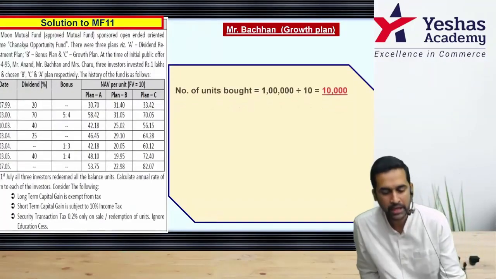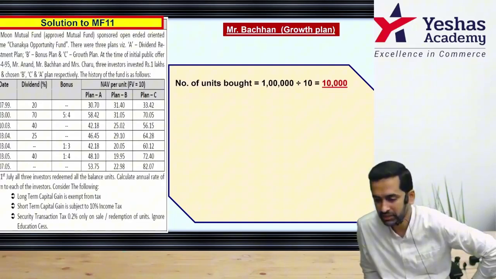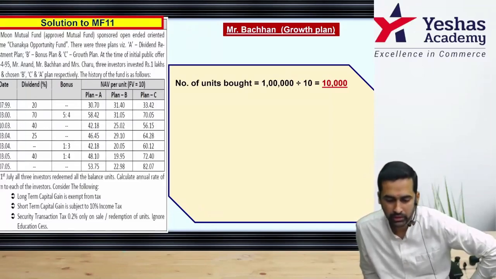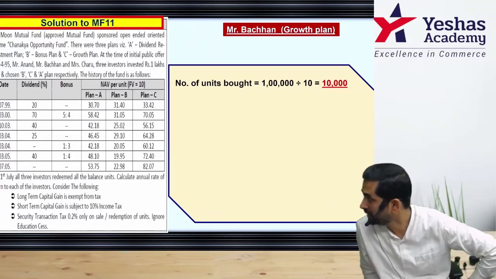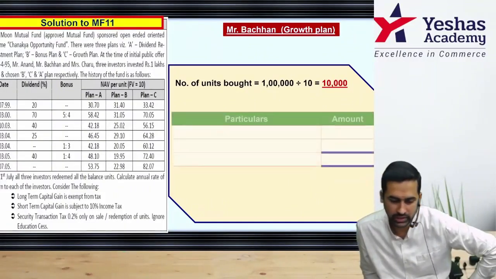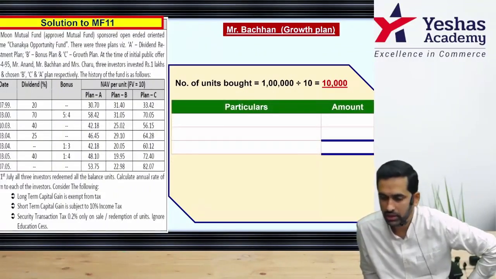Yeah. Start writing. First heading Mr. Bachchan, growth plan. Number of units bought, 1 lakh rupees by 10,000. Very simple calculation, particulars and amount.